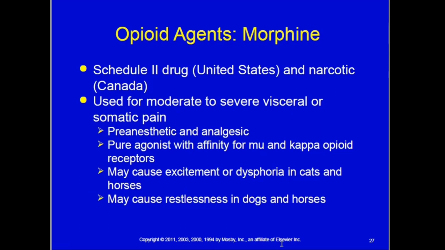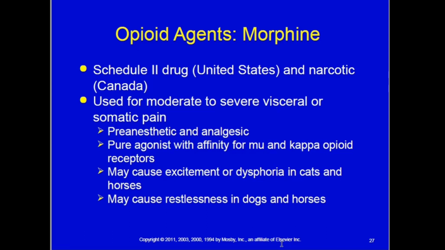So morphine is the basic drug among opioids. It is a Schedule II drug in the United States and a narcotic in Canada, used for moderate to severe visceral or somatic pain. It can be used in the pre-anesthetic period and during anesthesia, as analgesia.